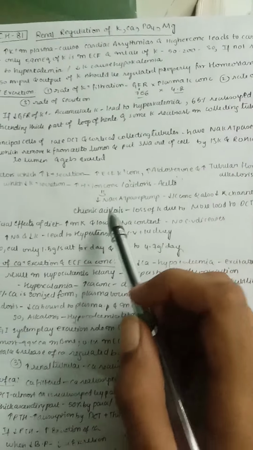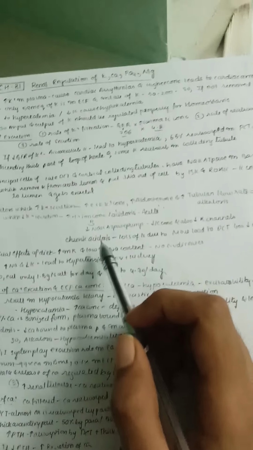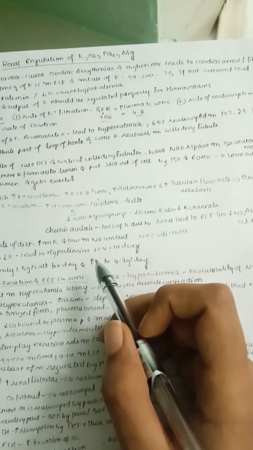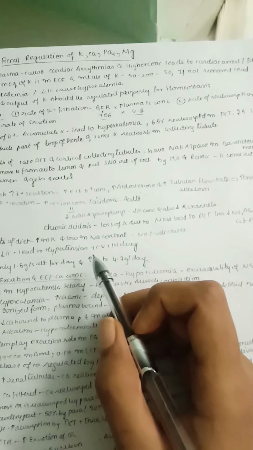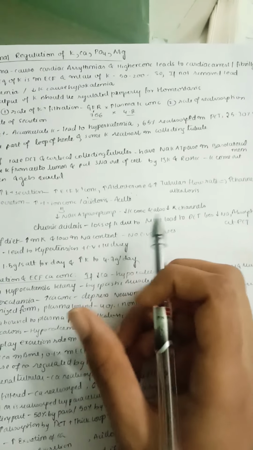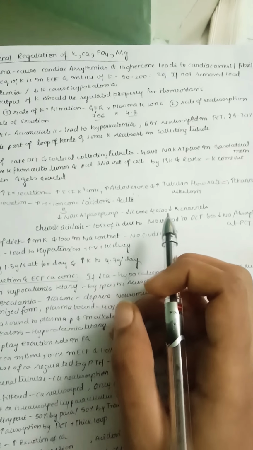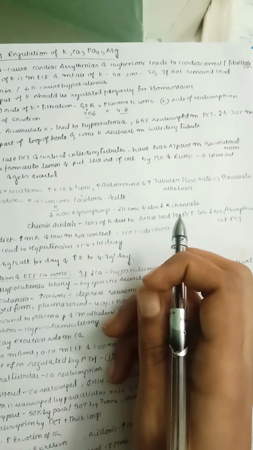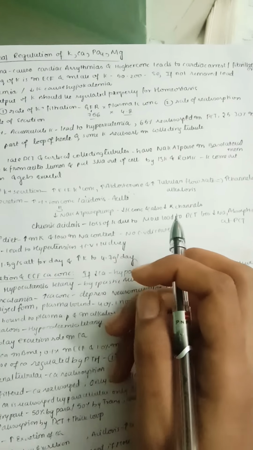Why? Because the sodium potassium ATPase pump is decreased, so the potassium does not get accumulated in the cell. Because of this, the potassium concentration inside the cell decreases, and there are also decreased potassium channels. As the potassium channels decrease, the potassium has no chance to come out into the tubular lumen.